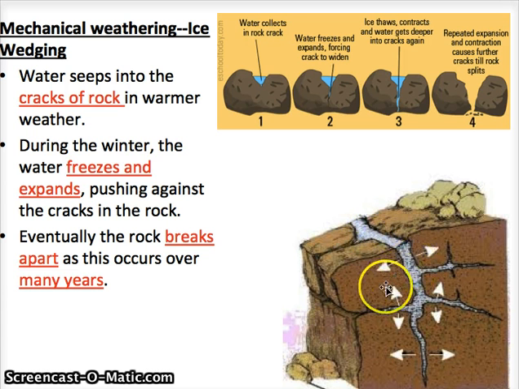So when the water expands here, you can see by the arrows, it's going to start forcing the rock to pull apart, or it pushes the cracks. And after many, many years, the rock will eventually split open. So that's mechanical weathering because the physical action of the water is pushing the rock. It's a physical force.